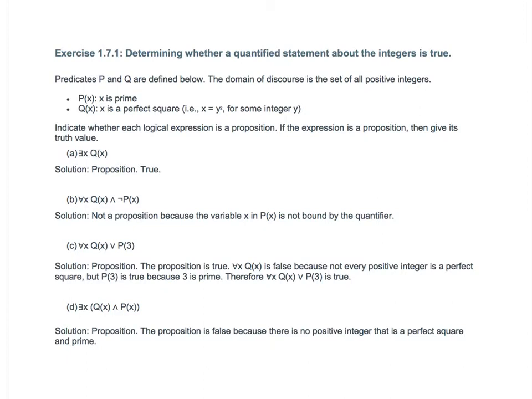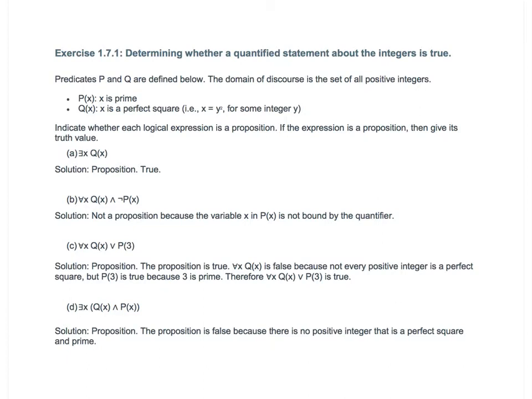In part C, we have for every x, Q(x) or P(3). So in this case, the right-hand side operand of this disjunction is P(3), which is a proposition saying that 3 is prime. And obviously it is true. The left-hand side operand, for every x Q(x), says every positive integer is a perfect square.